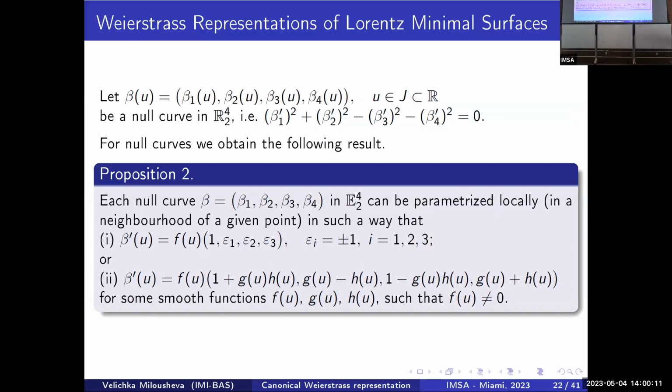In the non-trivial case, in which the null curve is non-degenerate, we present the curve in terms of three smooth functions, f, g, and h, by the following parameterization. We have the function f in front here, and then the four coordinate functions of the curve expressed in terms of g and h.